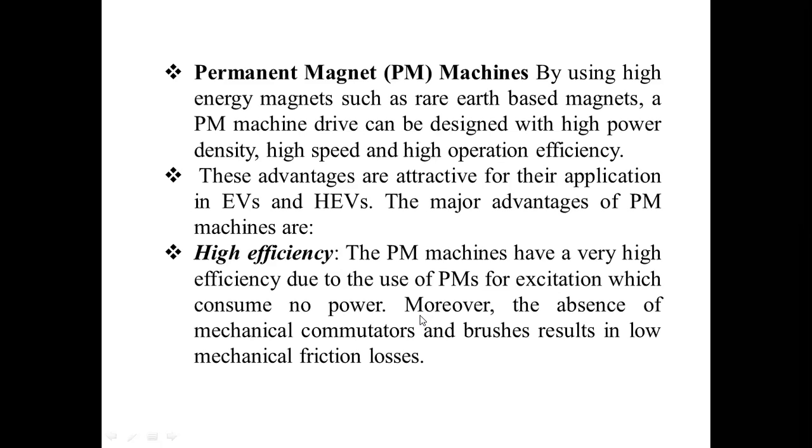Some losses are there, rotor copper losses and also iron losses. Within these brushless permanent magnet motors also there are these losses, but the losses will be reduced due to the field system. With respect to the field, the losses are reduced.